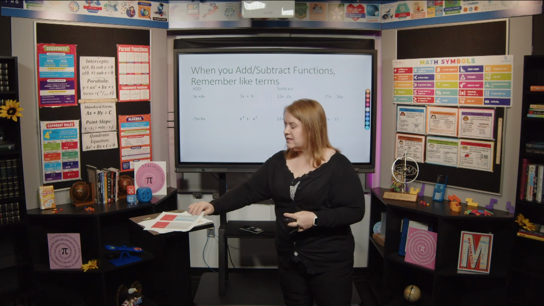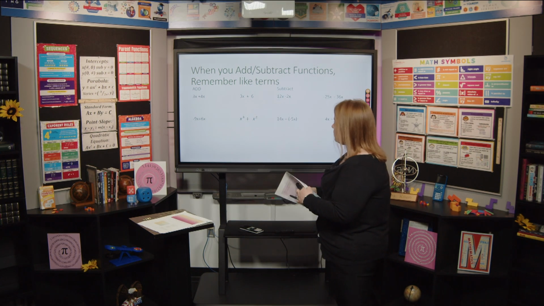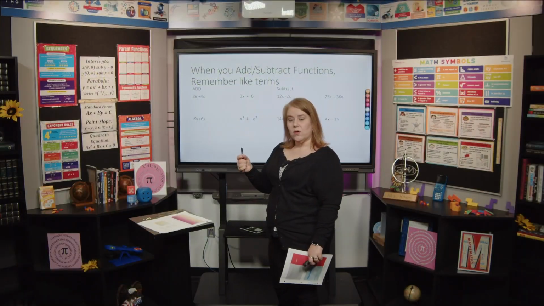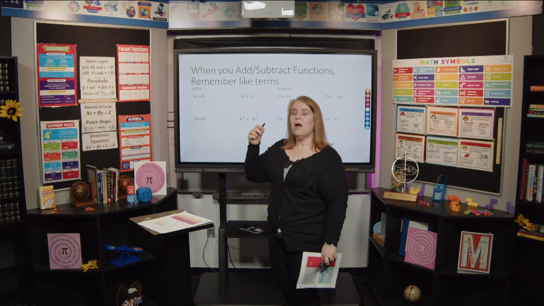So let's look up here and see if we can add these. It says, when you add or subtract functions, remember like terms. So let's look at this first one. I have 3x plus 4x. I have a coefficient and a variable, and I have the same variable. So yes, I can add those.